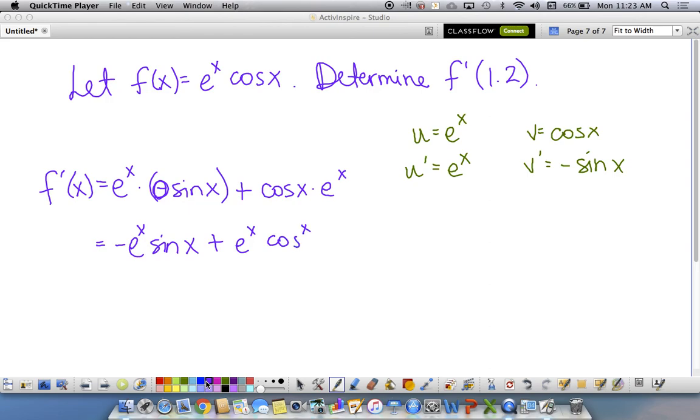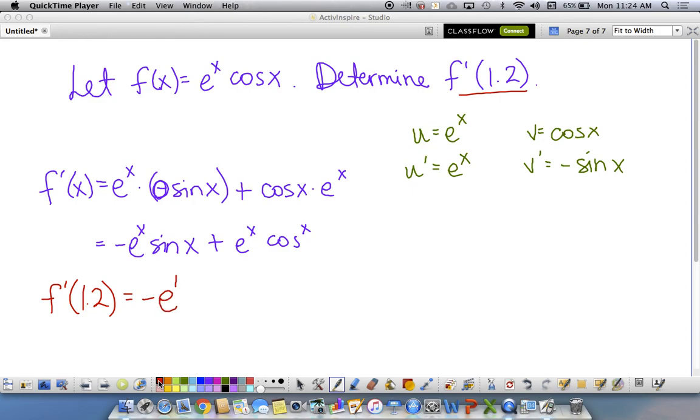Okay? And then I'm going to say, well, wait, is this the problem I needed? No. We need to plug in that 1.2. So what is f prime of 1.2? We simply plug it in.